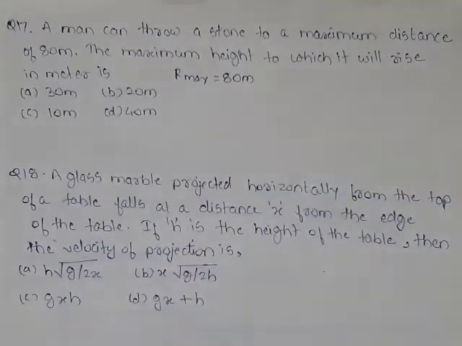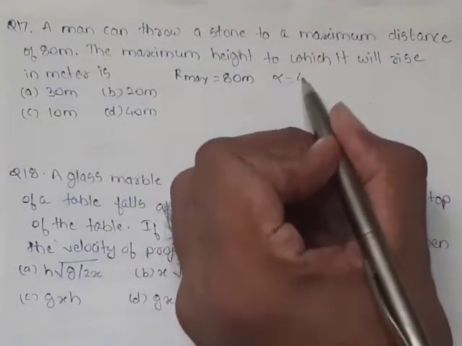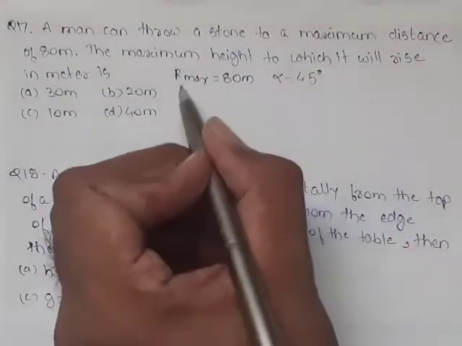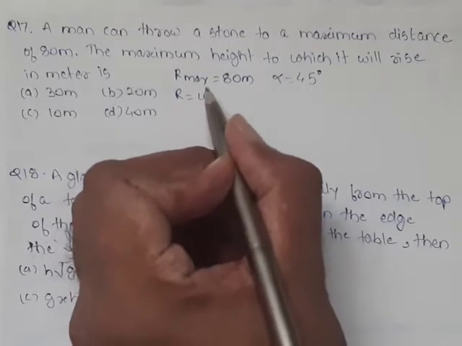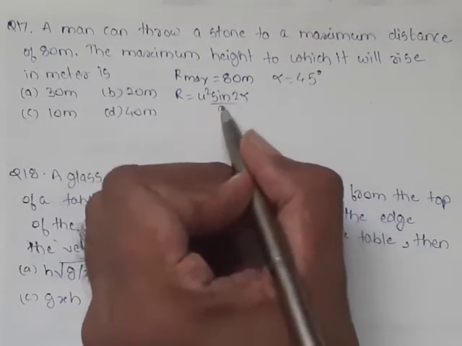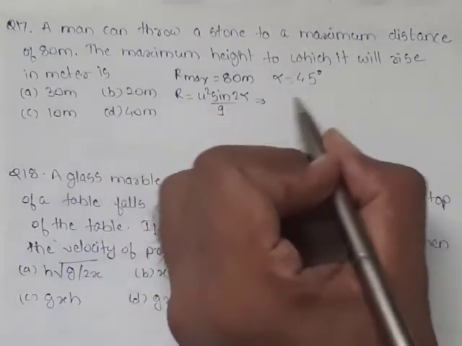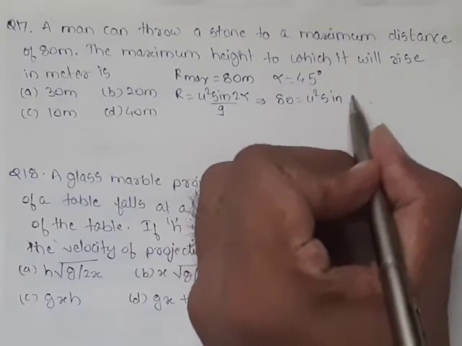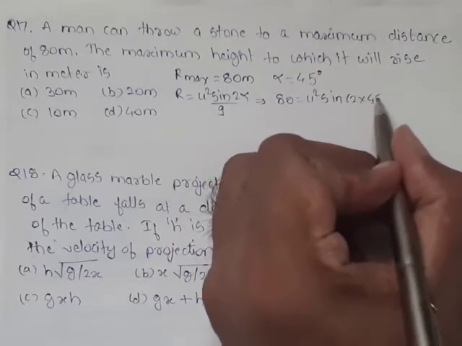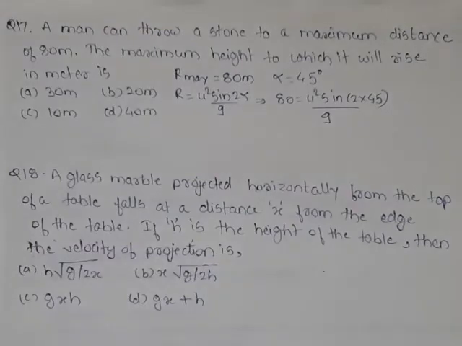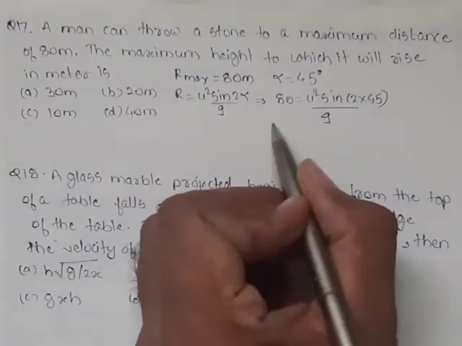Range is maximum when alpha is equal to 45 degrees, so here we directly got the value of alpha. Now we have the formula for R max. R is u square sine 2 alpha upon g. The value of R is 80, equal to u square sine 2 into 45 degrees upon g. So here the unknown is u square upon g, and finally from this we get the value of u square upon g.